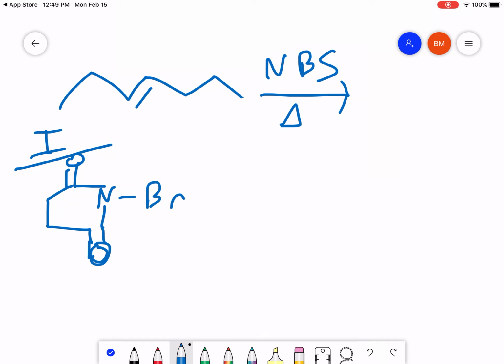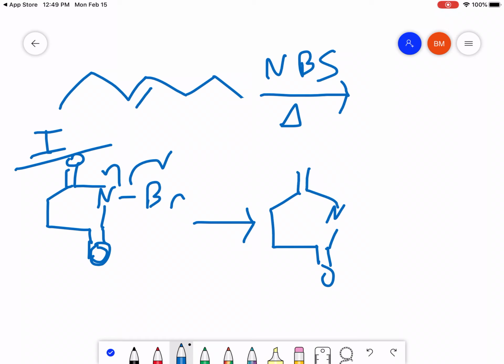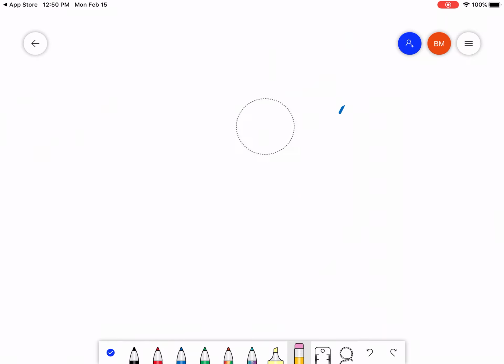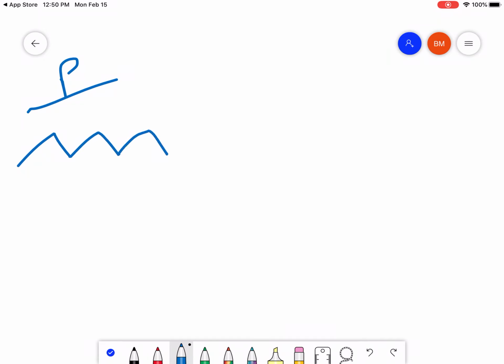And of course, we're going to break this apart into radicals. So we have that one, which we don't care about. And more importantly, we have that Br radical. Once we form that Br radical in the initiation step, then we're ready to use it in propagation. And this is where our hydrocarbon comes in.